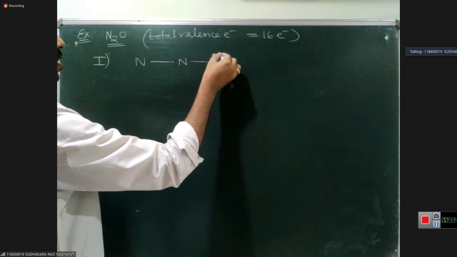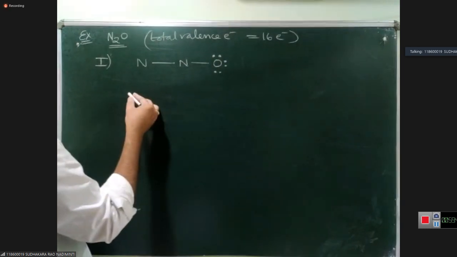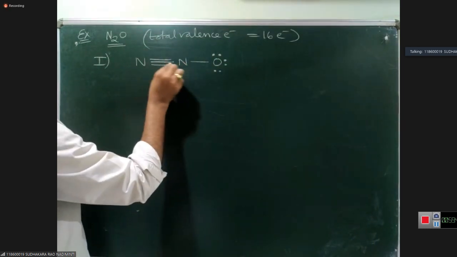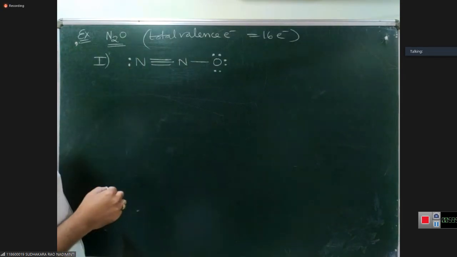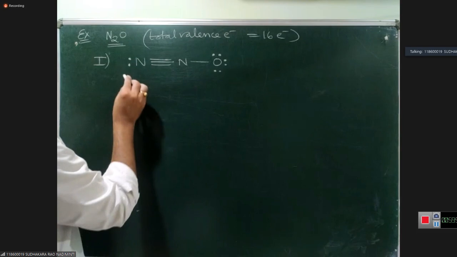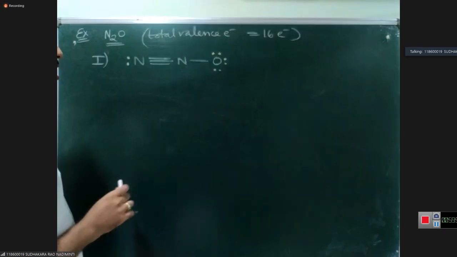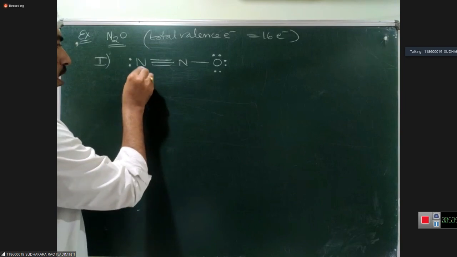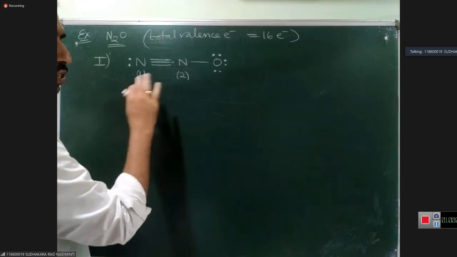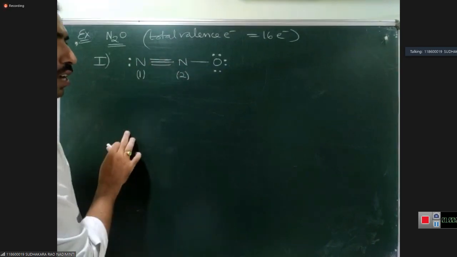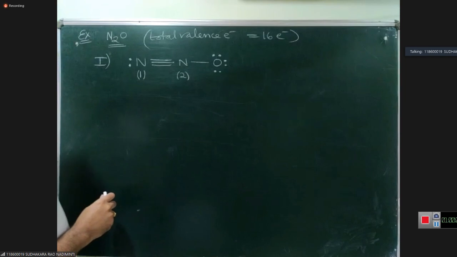The first structure I'm going to write is this. Okay, this is the first Lewis structure, 1, 2, 3, 4, 5, 6, 7, 8, up to 16. This nitrogen I will number as 1, this nitrogen I will number as 2, just for distinguishing these two nitrogens. And only one oxygen is there, so no problem.